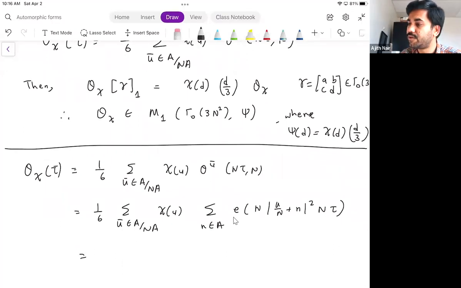If you do some simplification, you will get the summation n belongs to A, chi of n, e to the absolute value n squared tau.